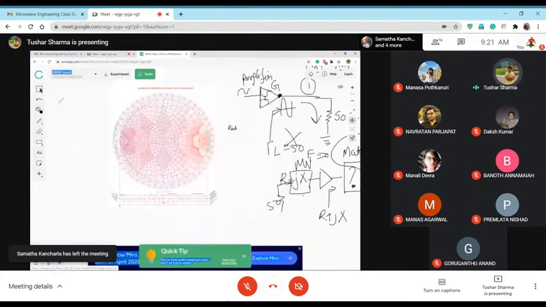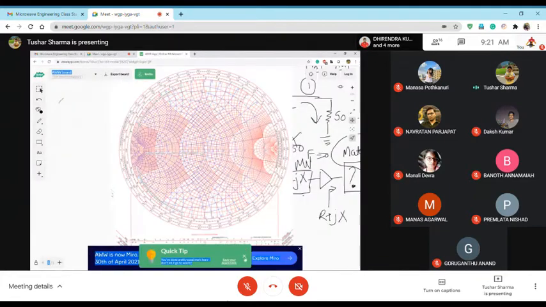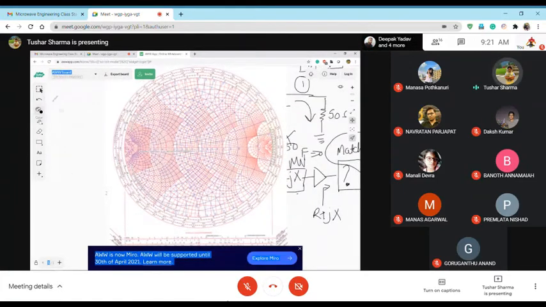So let me. Okay. So I guess now I can write it. Okay. So as I explained, there are two things which we know about Smith chart. Mainly for the real part of an impedance, there are two circles.